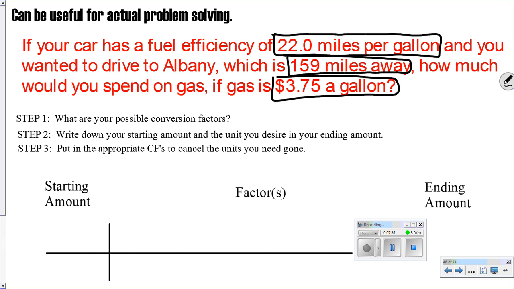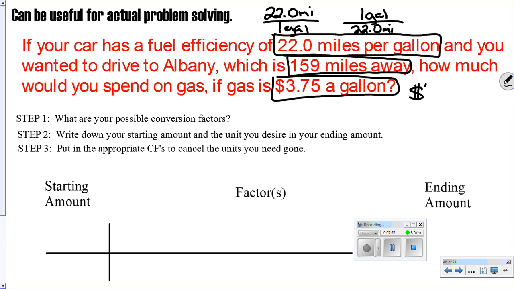So let's keep in mind what some of these actually look like as conversion factors. We have 22 miles, 1 gallon. Could also be written 1 gallon, 22 miles. 159 miles away has to stay as it is. It's not a conversion factor.